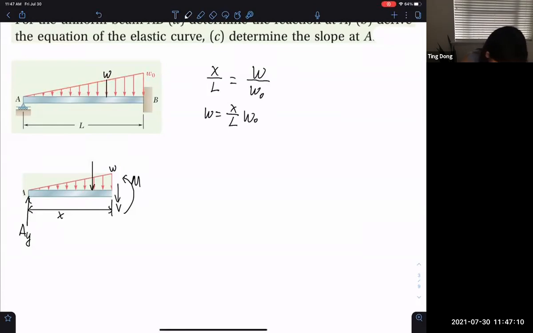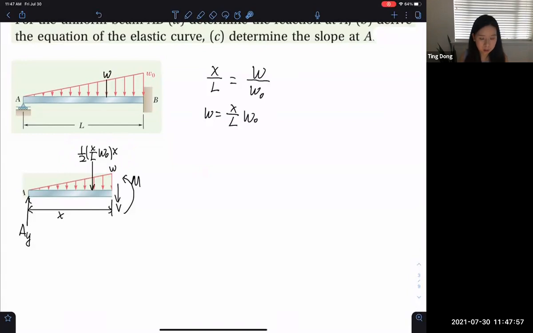Now, the equivalent concentrated force is equal to one half times W times X. No, it's not X squared divided by 2, it should be this one.